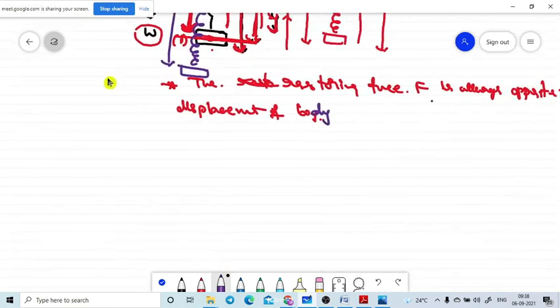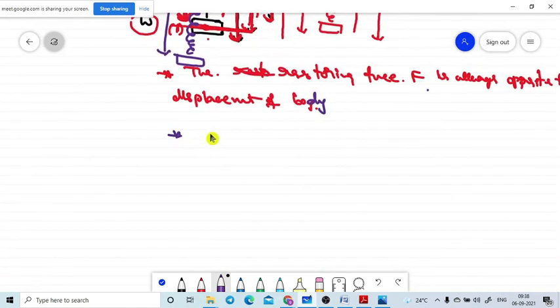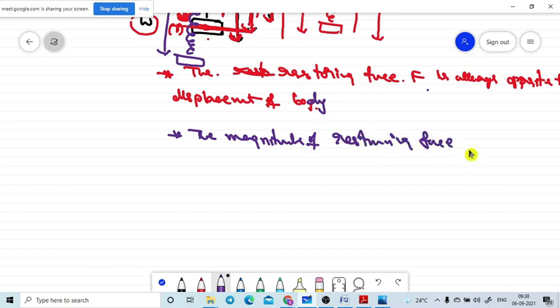What is the second observation? The magnitude of restoring force is directly proportional to the displacement of the body. That means if there is more displacement, more restoring force will be generated.